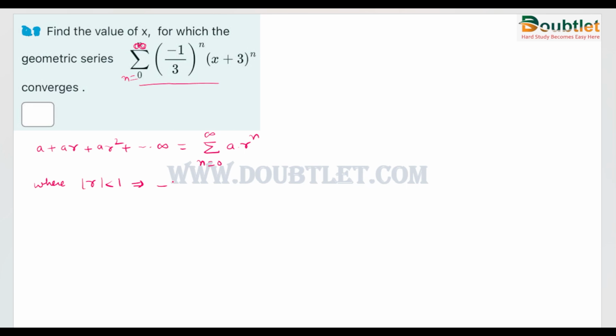It means the common ratio ranges from -1 to 1, and the sum of the series would be convergent and is equal to a upon 1 minus r.